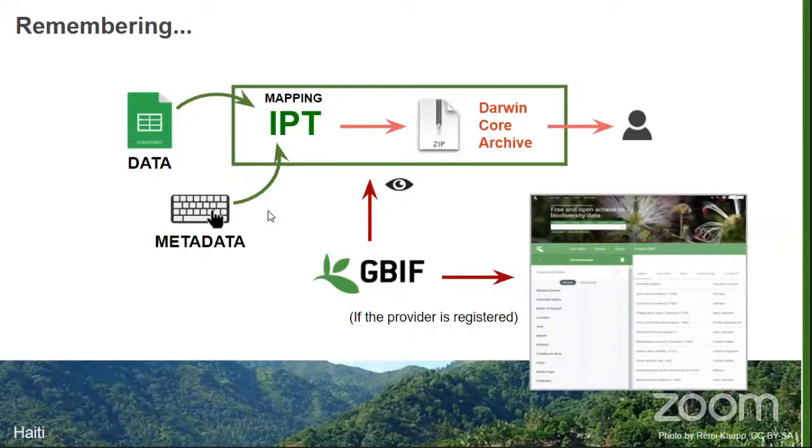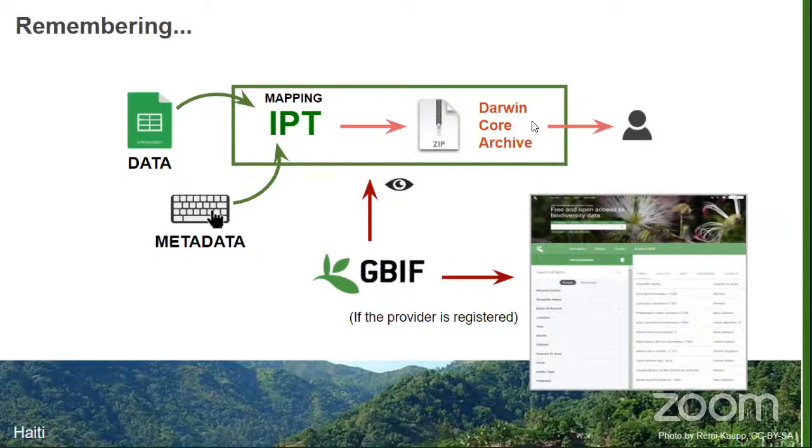And what we're going to do is put those two, data and metadata, into the IPT, perform a mapping to the Darwin Core standard, and create a Darwin Core archive. If you don't remember the details of these steps, please watch the previous talks about standards and how to build the Darwin Core archive.